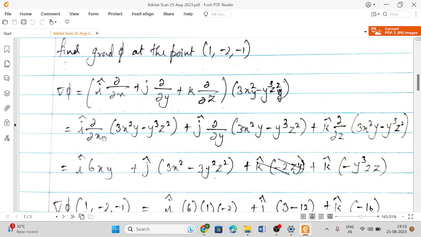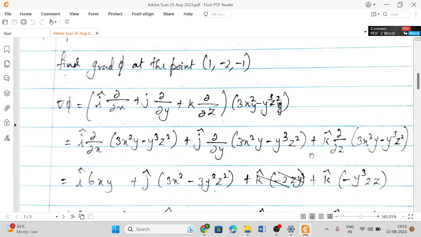On differentiating with respect to x, we have only the x term in the first term, so you will be having 6xy. Next, for j, we have y in both the terms, so you'll be getting 3x square minus 3y square z square. And dou by dou z acts on the second term only, and there is a minus sign there, so we have y cube as it is and 2z here.